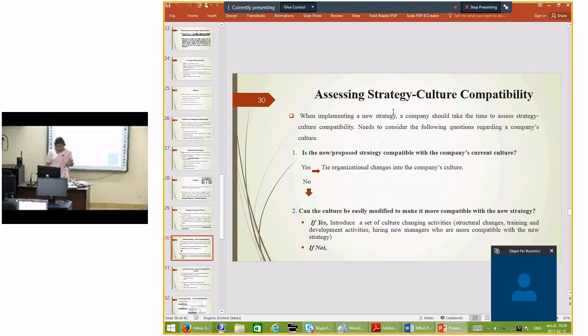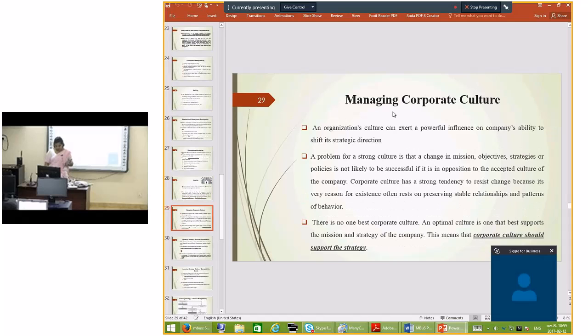I think we discussed this culture, the corporate culture compatibility. That is a question we discussed at the beginning. Here the last point: there is no one best corporate culture or optimal culture. Can you all remember I told you? We can't say this ABC culture is good, that it is the best culture.